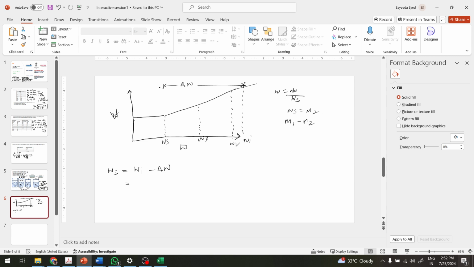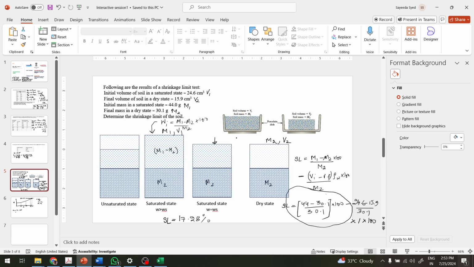Delta W is the water content which is above and beyond the shrinkage limit. This will be equal to the change in volume from initial to here, this part. The change in volume that you see multiplied by rho W, you will have the weight of this water that we want to subtract.